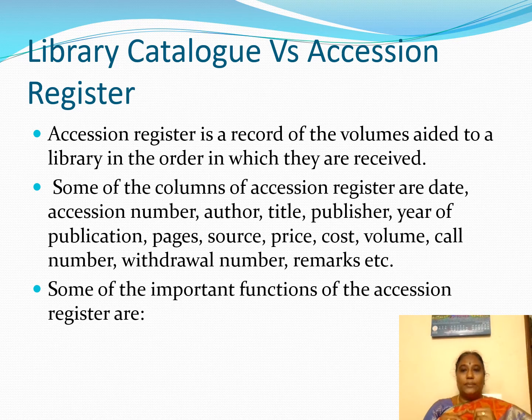The volumes are recorded as they are added to the library in the order in which they are received. So the accession register is used to maintain these volumes in the register.